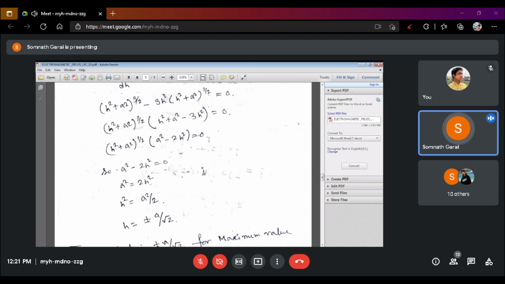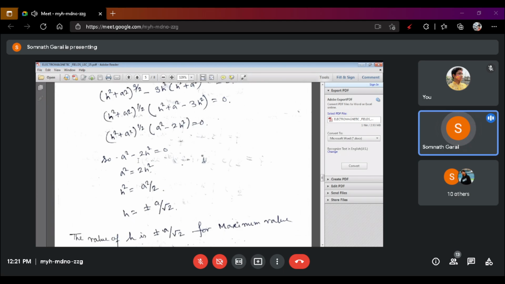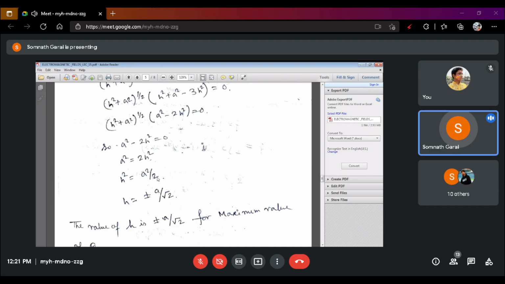Now from this equation, A square is equal to 2H square, so H square is equal to A square by 2. So H is equal to plus minus A by root 2.